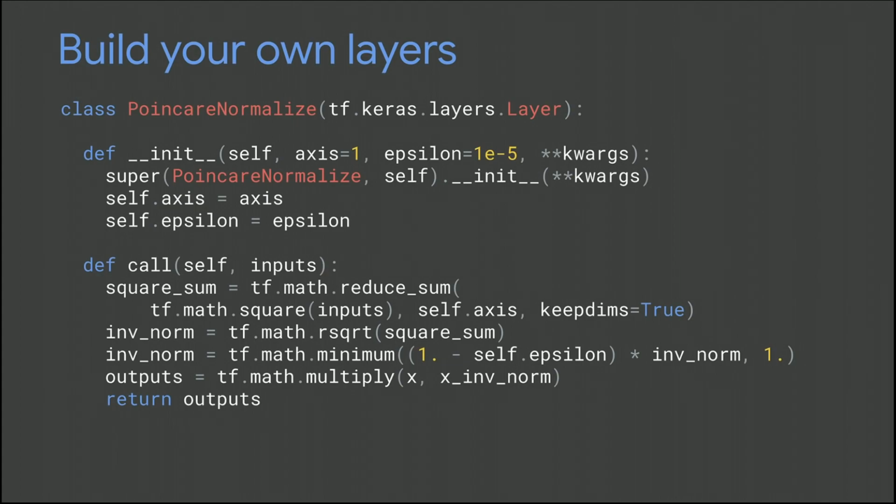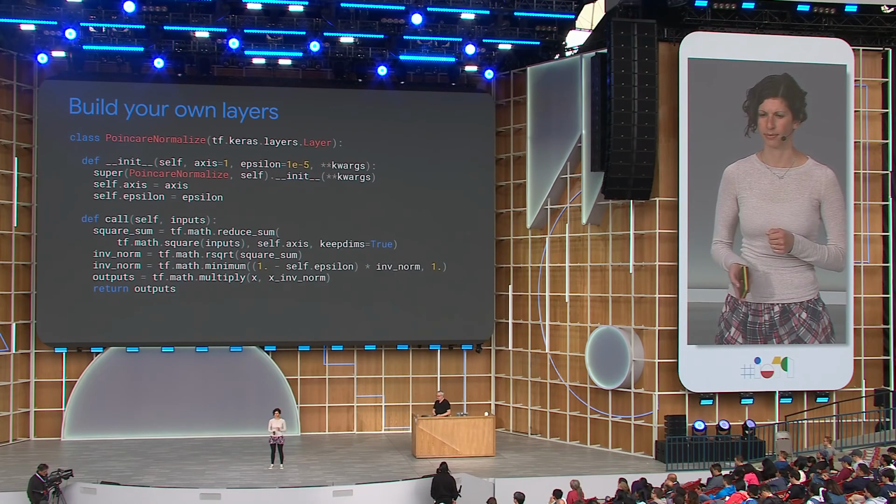It's both useful if you need Poincare normalization, but also a very good example of how you might write a custom layer to handle all of your needs if we don't have that out of the box for you. Here you write the call method, which handles the forward pass of this layer. So you can check out the TensorFlow add-ons repository for more examples of layers like this.